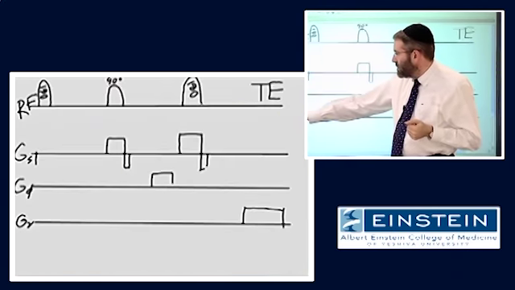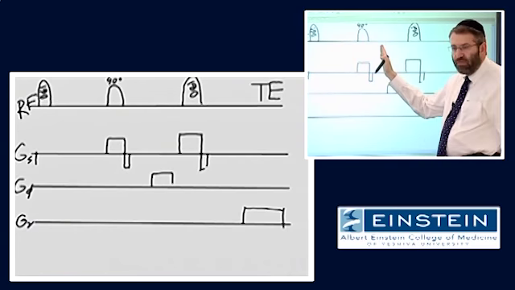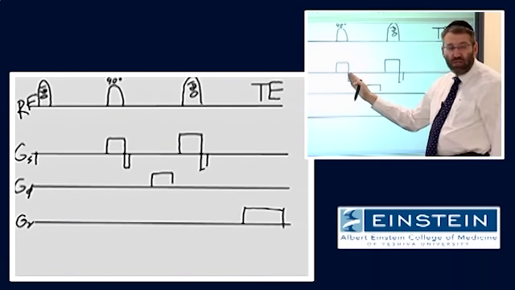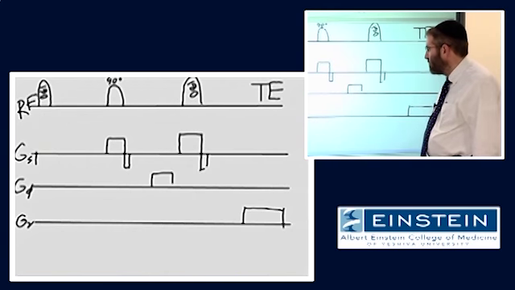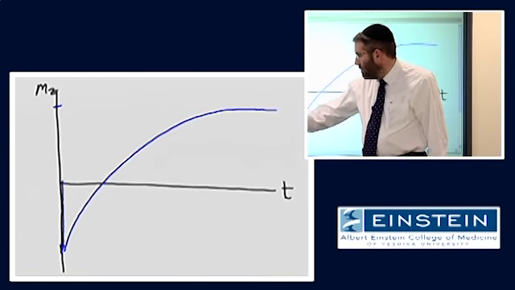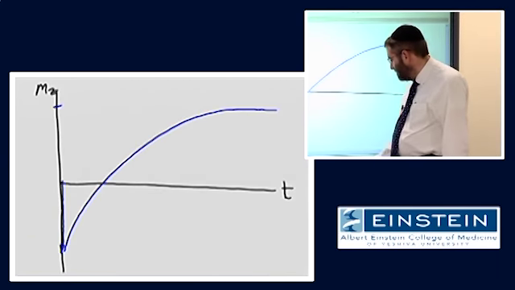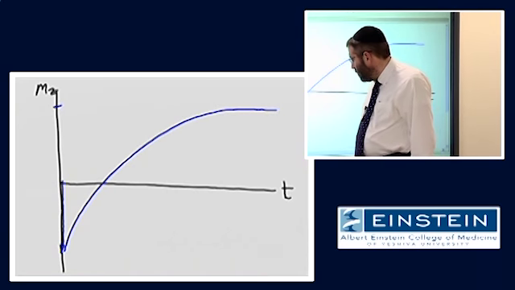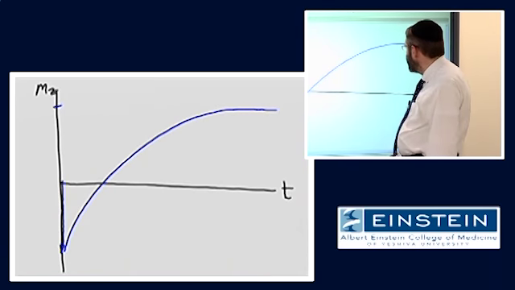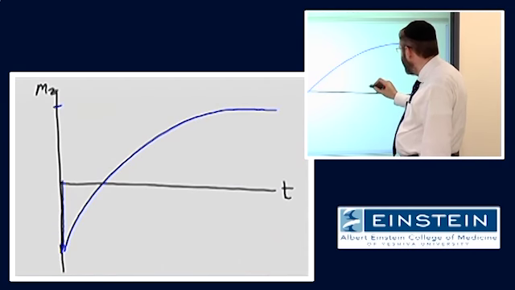Then, in our pulse sequence diagram, we said that at some point afterwards, we're going to give this 90-degree RF pulse. Well, let's say that the point at which we give the 90-degree RF pulse is right here.